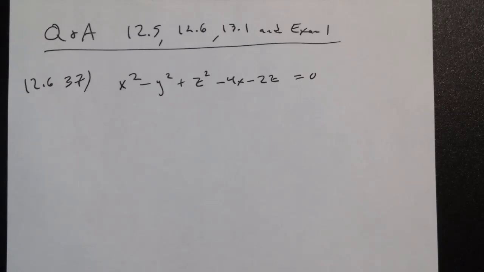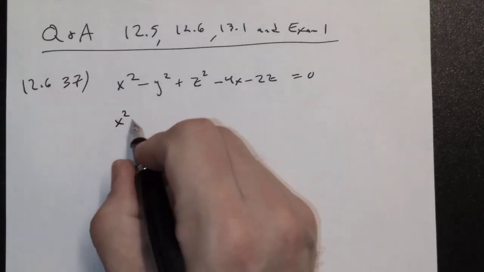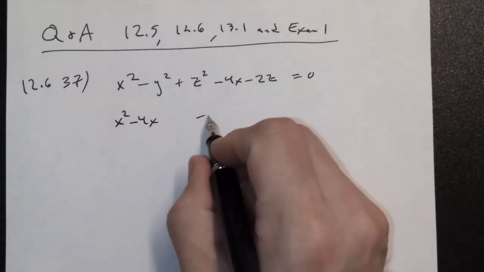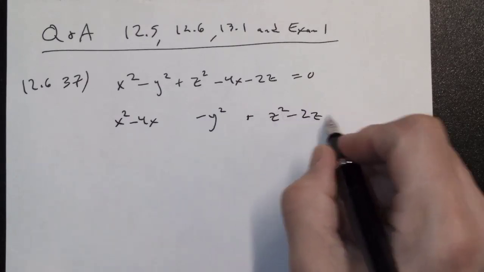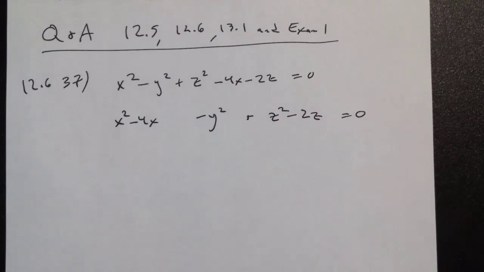So I look at those standard equations and I say to myself, what could this be? I've got x squared and x, I've got z squared and z. I'm going to do completing the square. I don't have to do anything with the y squared, that's fine.